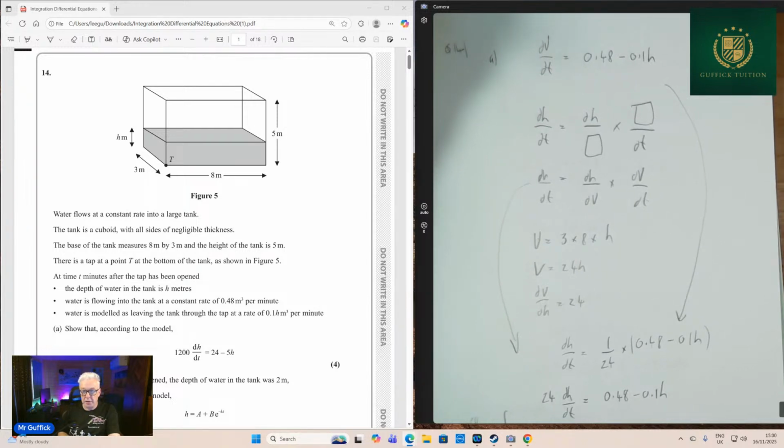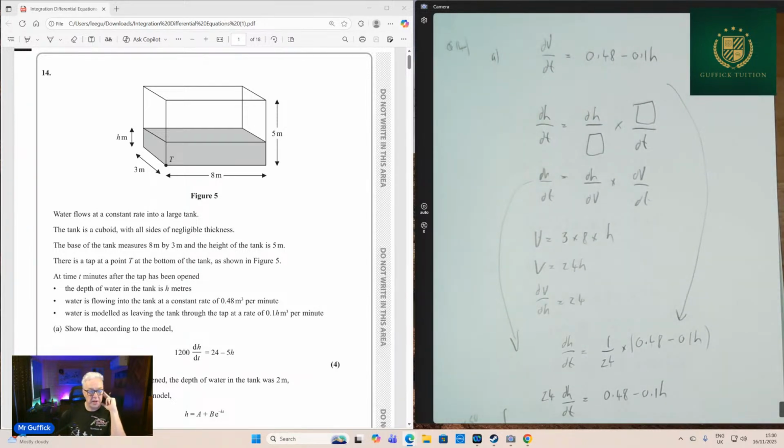Let's have a look at this particular question here. It says water flows at a constant rate into a large tank. The tank is a cuboid with all sides of negligible thickness. The base of the tank measures 8 meters by 3 meters, and the height of the tank is 5 meters. There is a tap at a point T at the bottom of the tank as shown in figure 5.